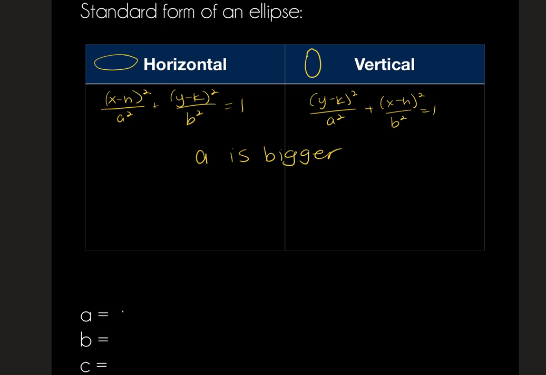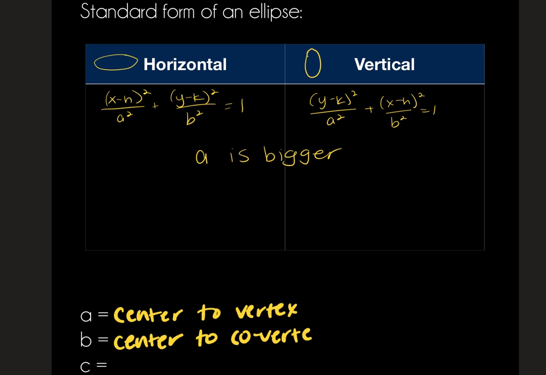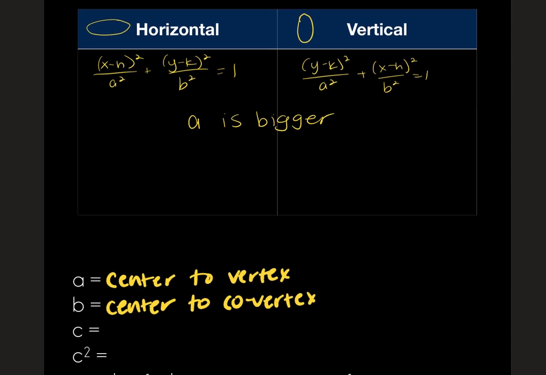Your A is center to vertices. B is center to co-vertices. C is center to foci.